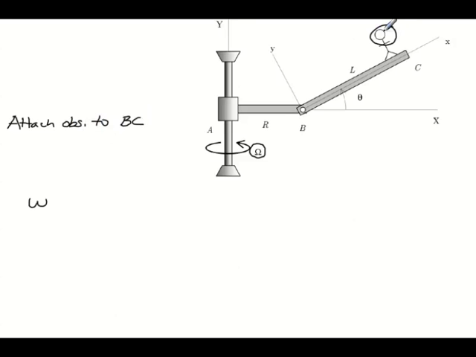Also going to attach lowercase xyz to BC, so everywhere that BC goes, so does lowercase xyz. And big XYZ is going to be attached to ground. In other words, it's fixed.